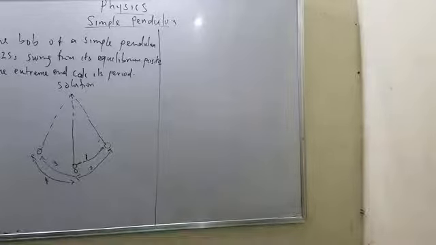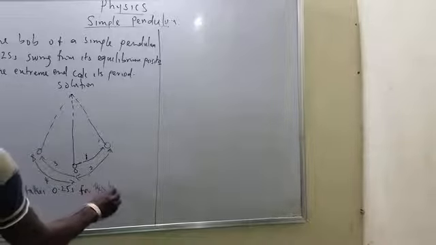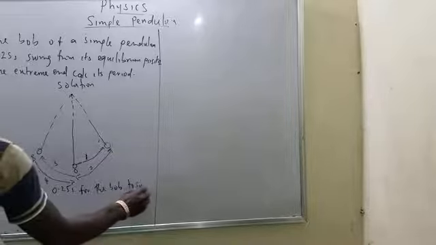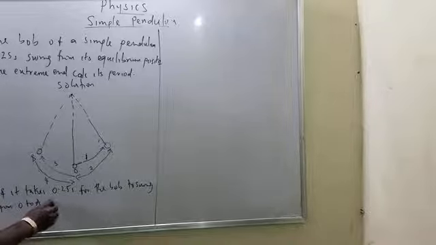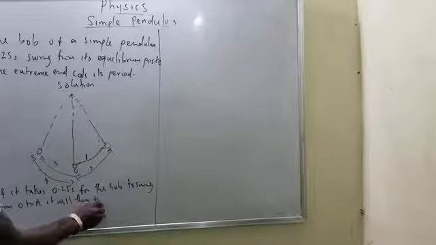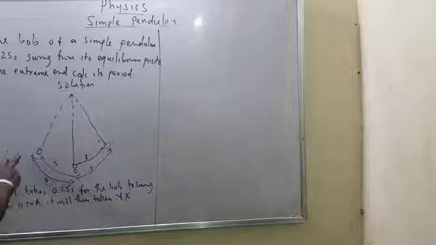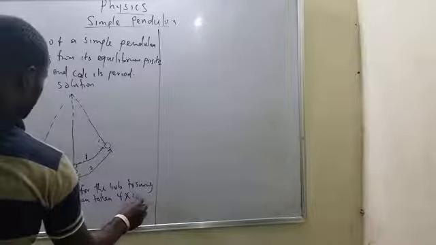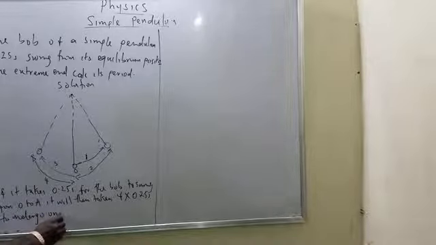Now, if it takes 0.25 seconds for the ball to string from 0 to A, it will then take 4 multiplied by 0.25, which is 1 second, to undergo 1 oscillation.